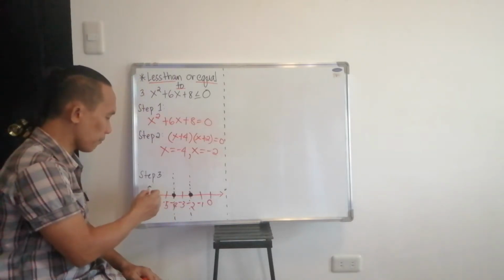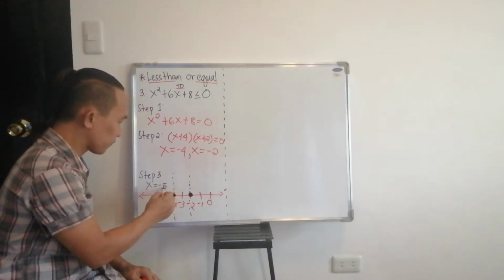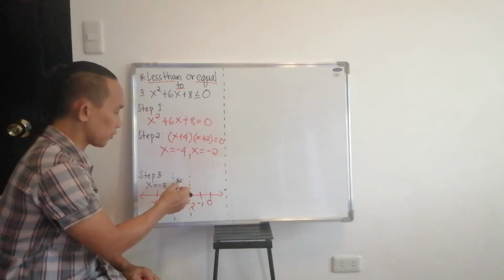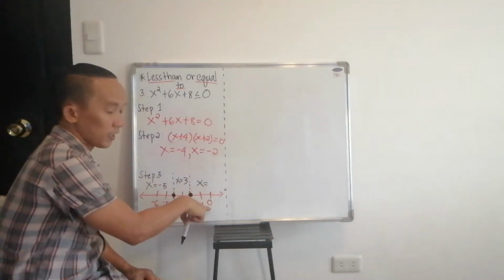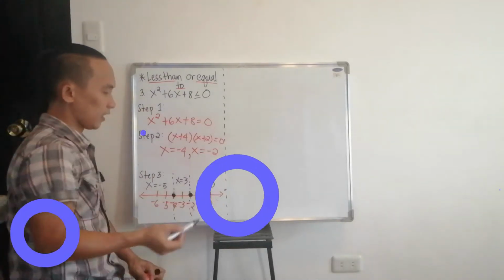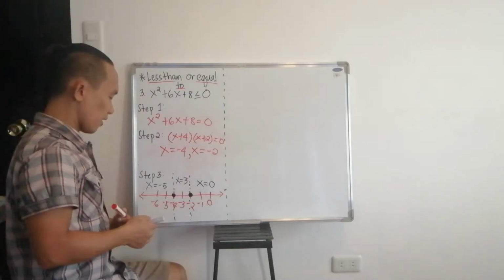And we just choose a number. Shall we say x equals negative 5, x equals 3, and x equals 0. For us to easily solve it, we use 0. Then we can proceed with testing the numbers.